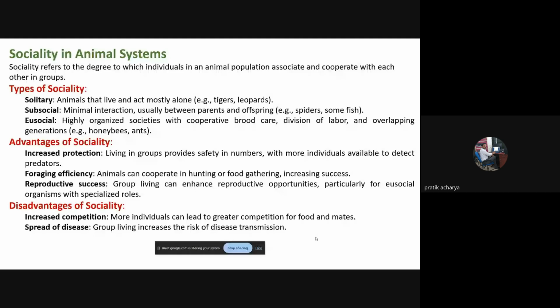What does COVID-19 explain? There was a ban at the time of COVID-19 where the place was crowded. Because when more organisms are residing or more footprint is there in that place, there are more chances of infection due to this communicable disease. So that is the disadvantage of this sociality.